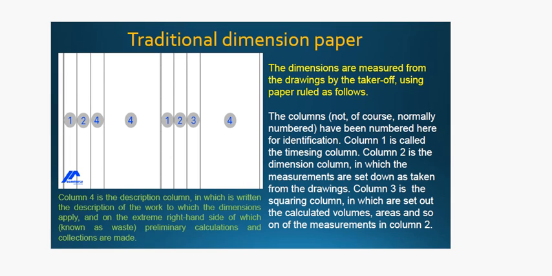So as we are starting today, I would like us to study what we call the traditional dimension paper, know some of the parts that it has, and also how to use it, so that when we start taking off, it will be easier for us, because we know where we write the dimensions, and what each of them signifies when you do them in that particular order.